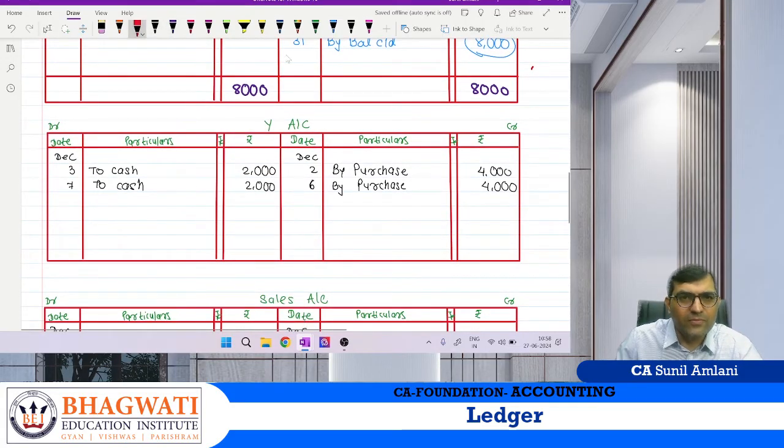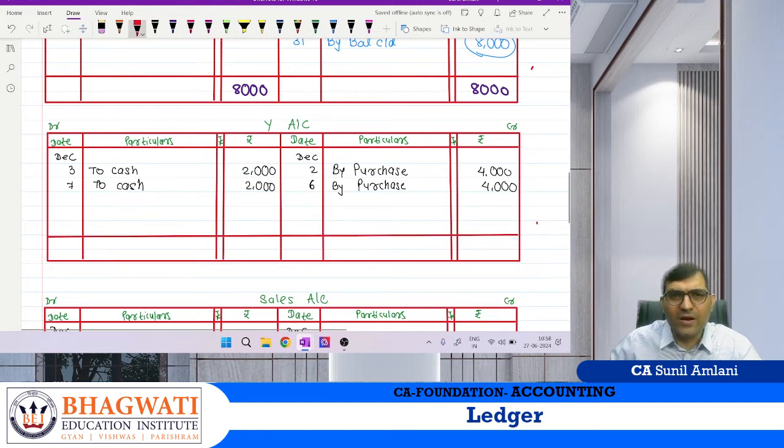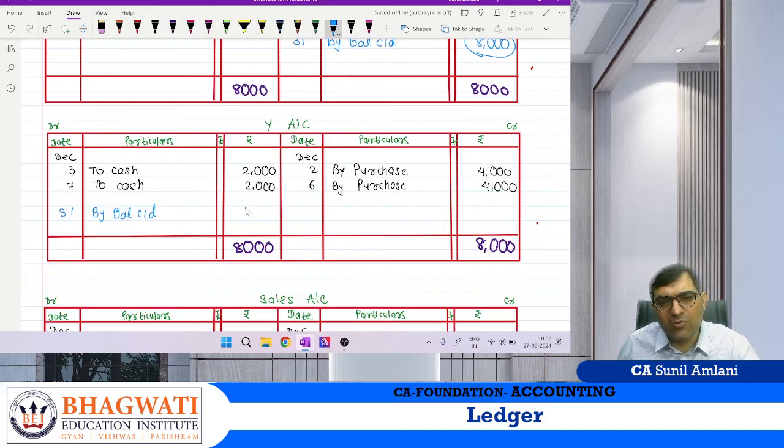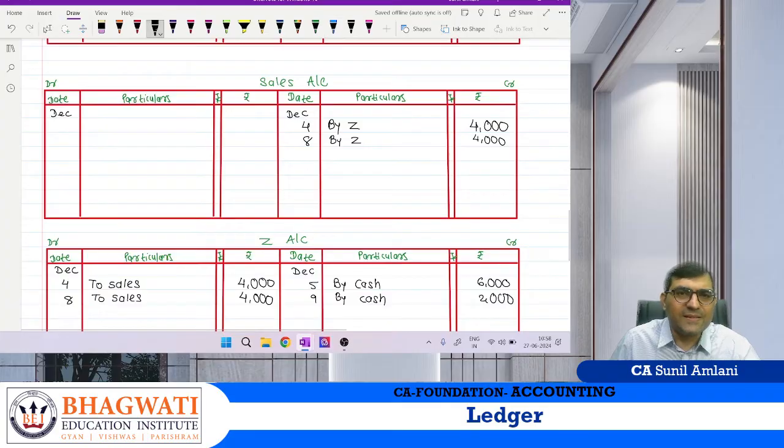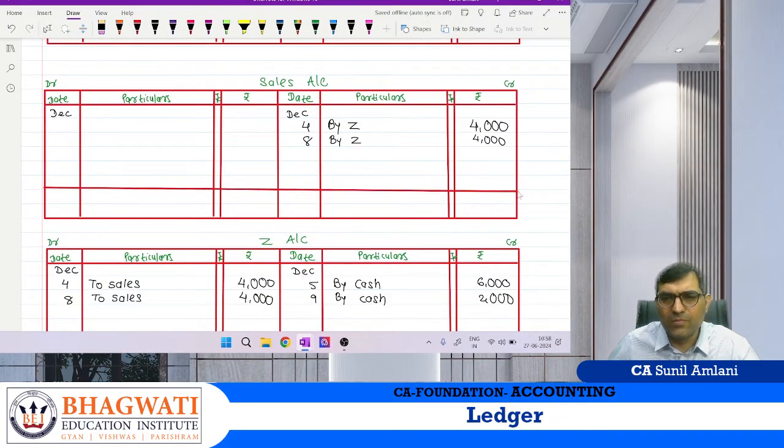Here, Y account. Y account credit side total is more, 8,000. And here, if I write 8,000, then on 31st by balance carried downward will be only 4,000. Okay. Sales account. Sales account also I have total here 8,000.